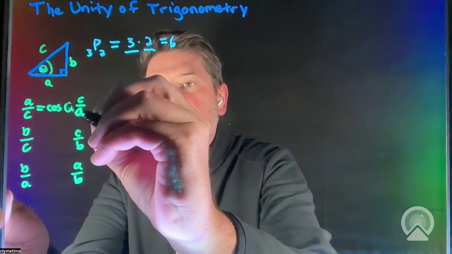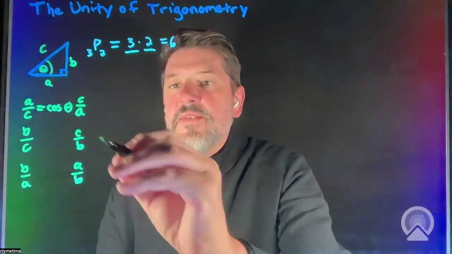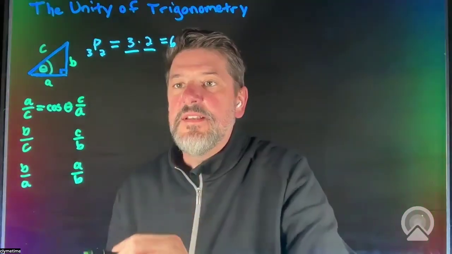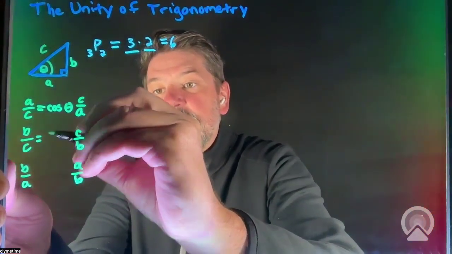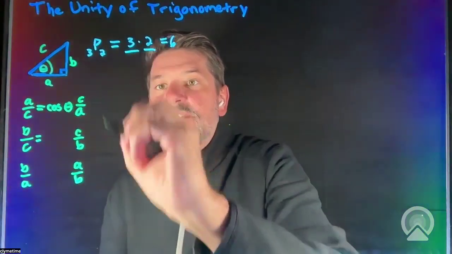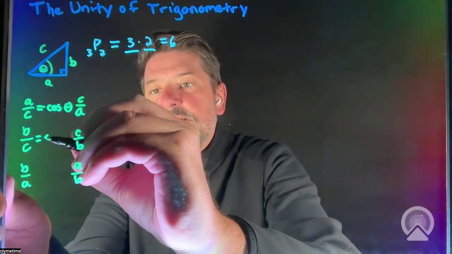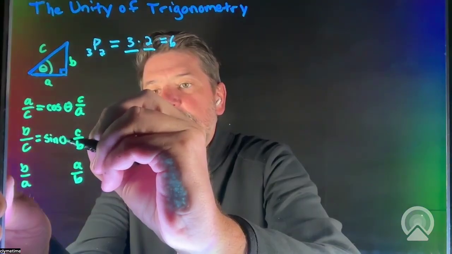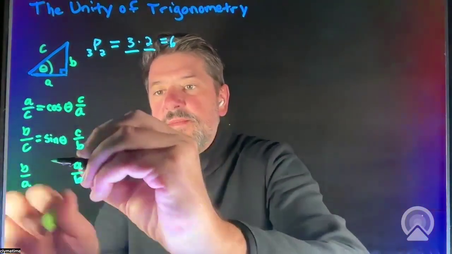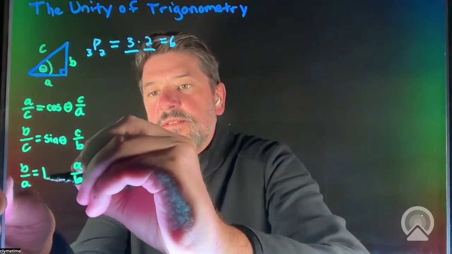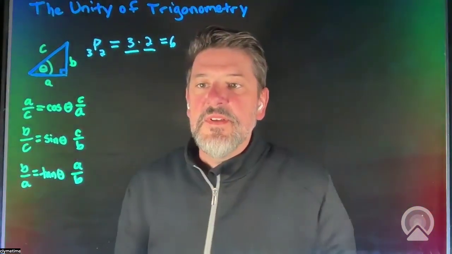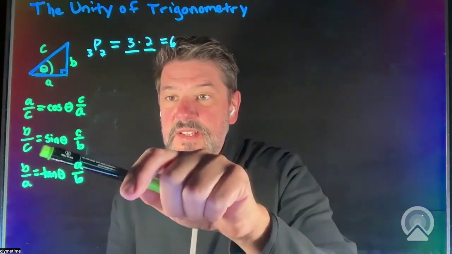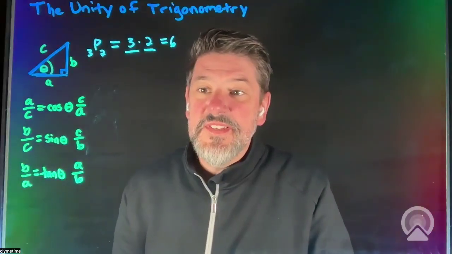So cosine of theta is how we describe A over C. And B over C is going to be called sine. And then B over A has a name, and it's called tangent. And these 3 names go with these 3 ratios, cosine, sine, and tangent, based on these 3 combinations of sides.